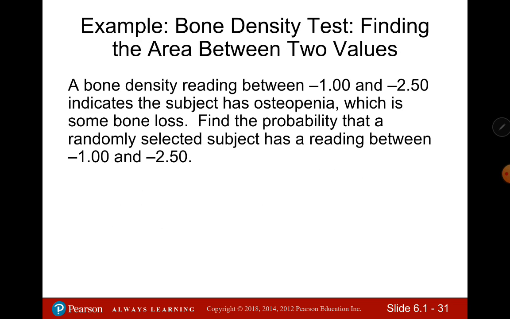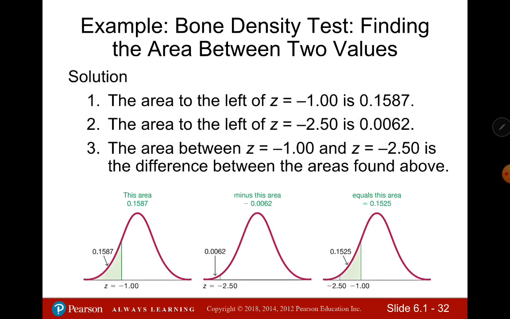Next one, we will talk about the area between two values. This time we have the probability between -1 and -2.5. We check here.